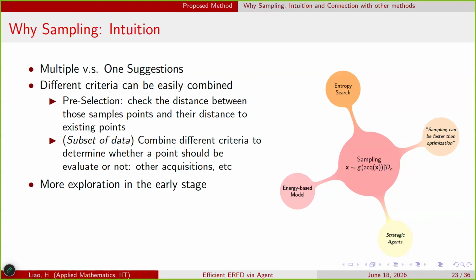And so this will simplify the computational complexity brought by the complex acquisition function. And also this can add more exploration in the early stage.